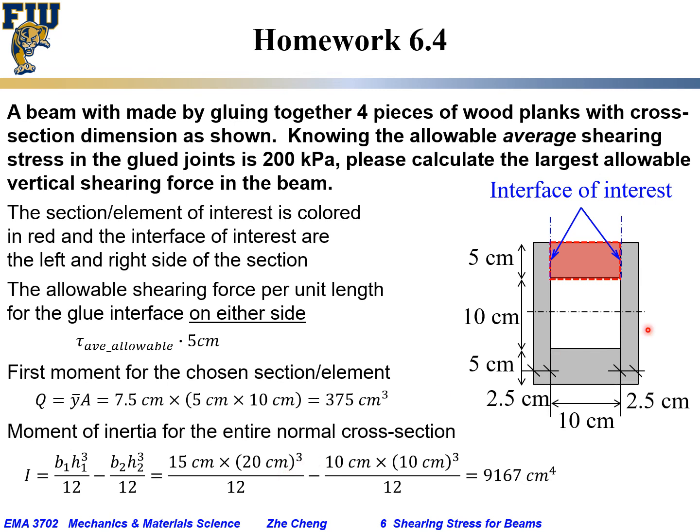Then B2 inside is 10 centimeter for base, and H2 is also 10 centimeter, but for H2 it's to the power of 3. Okay, we plug the number in and we would get the approximate moment of inertia for this entire normal cross section, which would be 9,167 centimeter to the power of 4.